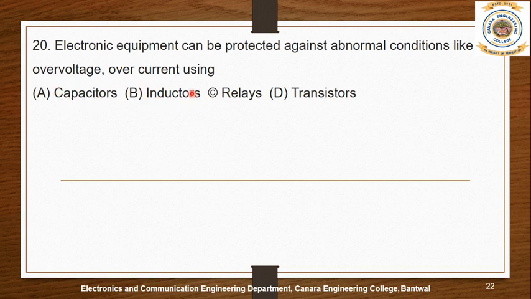Inductors also store energy in the form of electromagnetic energy, so they are not a safety device. Whereas transistors are used to transform the DC voltage from one level to another, so that is also not a safety device. Relays are the devices which protect. So option C is the right answer.